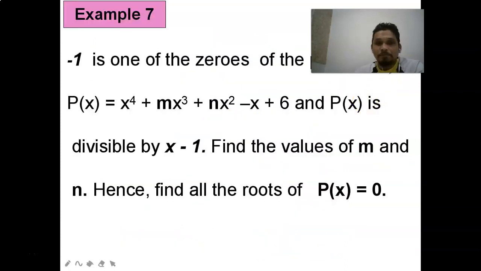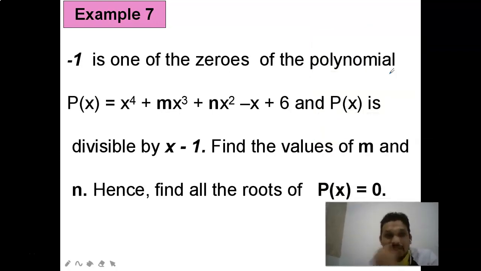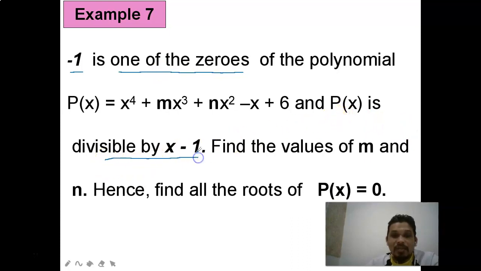And now, negative 1 is one of the zeros of a polynomial, and P(x) is divisible by x minus 1. Okay, class, what's the difference between these two statements?